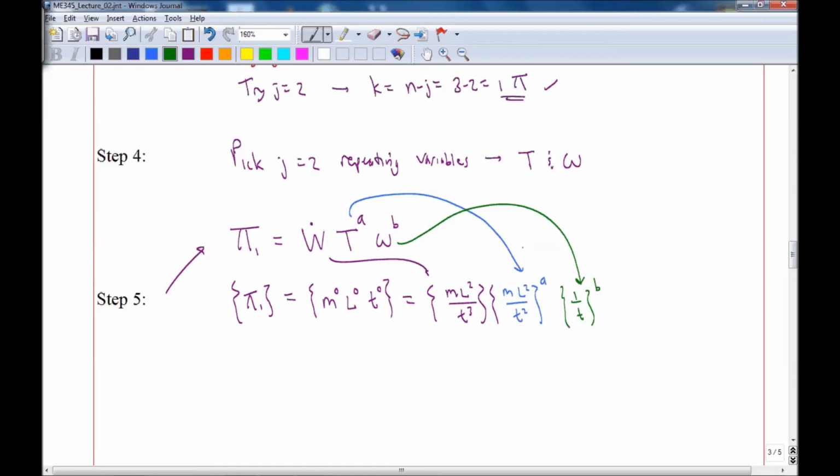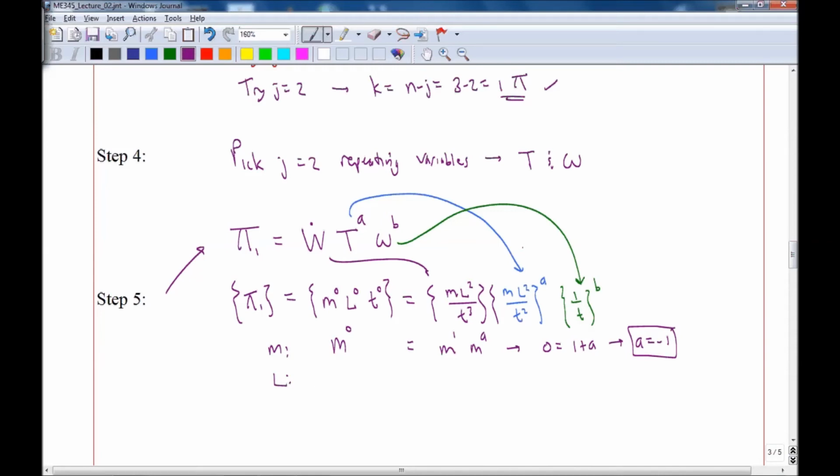Now we're going to force this pi to be dimensionless, and what that means is, let's write out for example, that's for mass. M to the 0 on the left is m to the 1, m to the a, and there's no b. So from this we can write 0 equal 1 plus a, equating exponents, and therefore a equal minus 1.